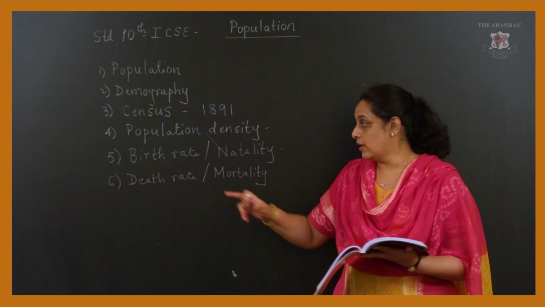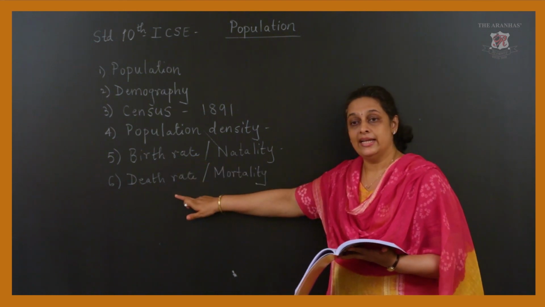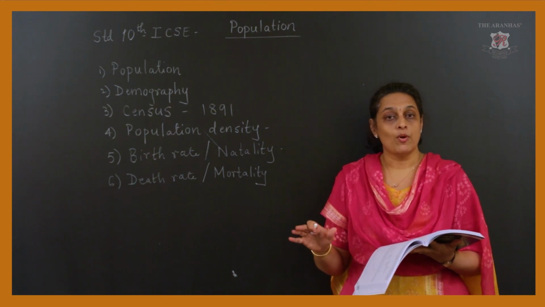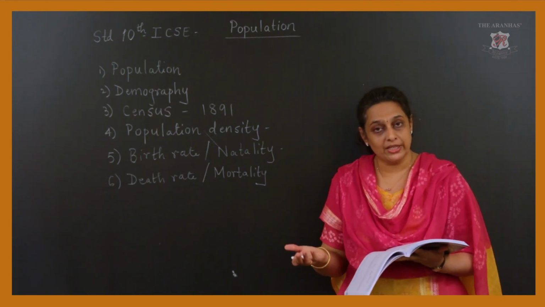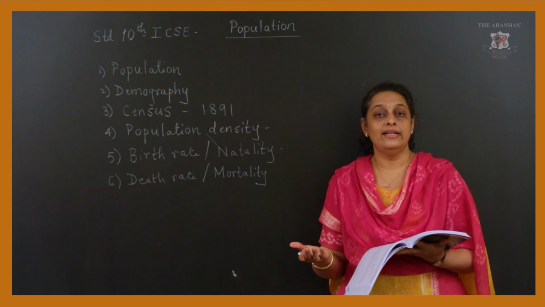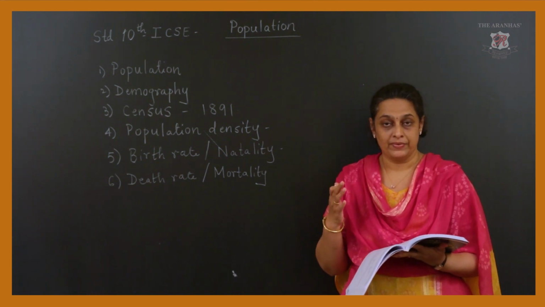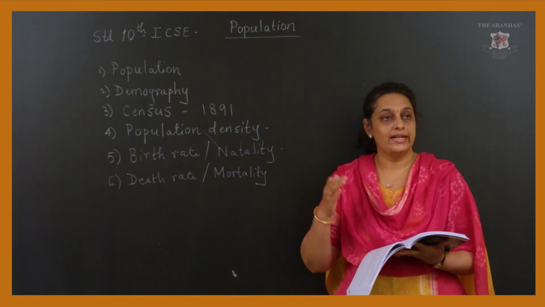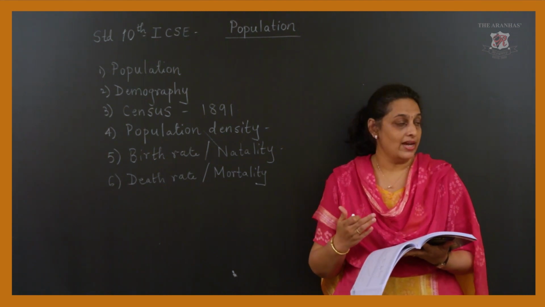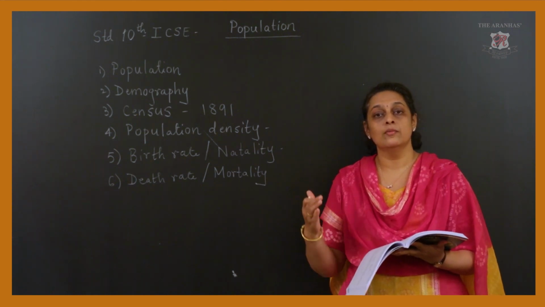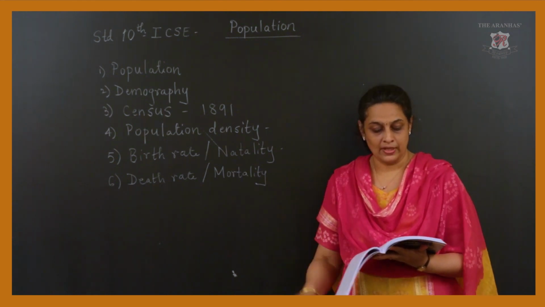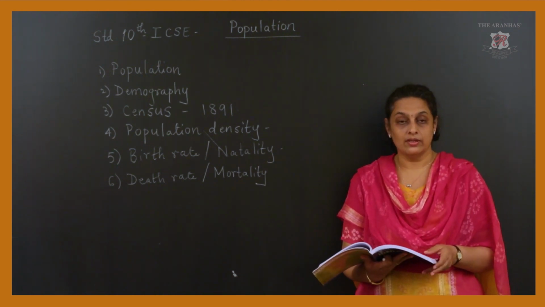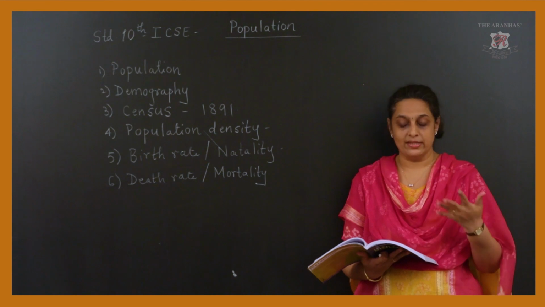Okay? So this is how birth rate and death rate decide whether a population is a growing population or a declining population. And if we talk about our country, birth rate is high and that's why it is a growing population. Okay? So this is going to be very important for all of us to understand.